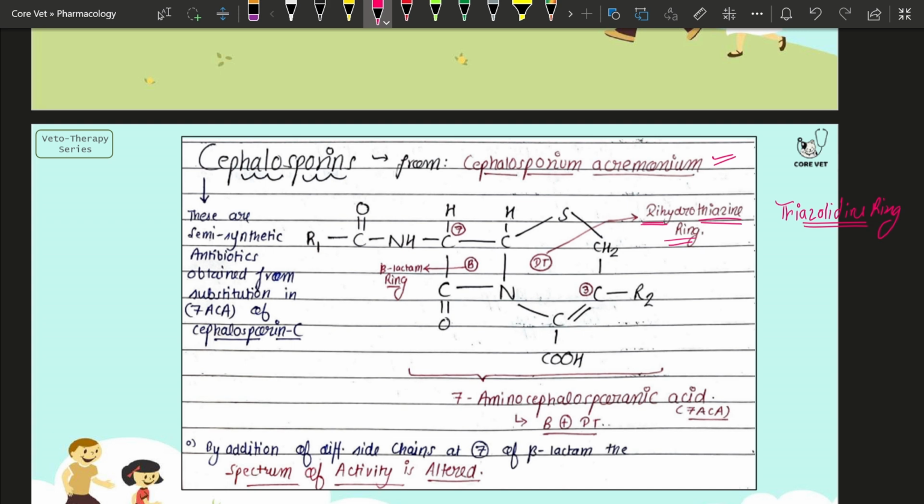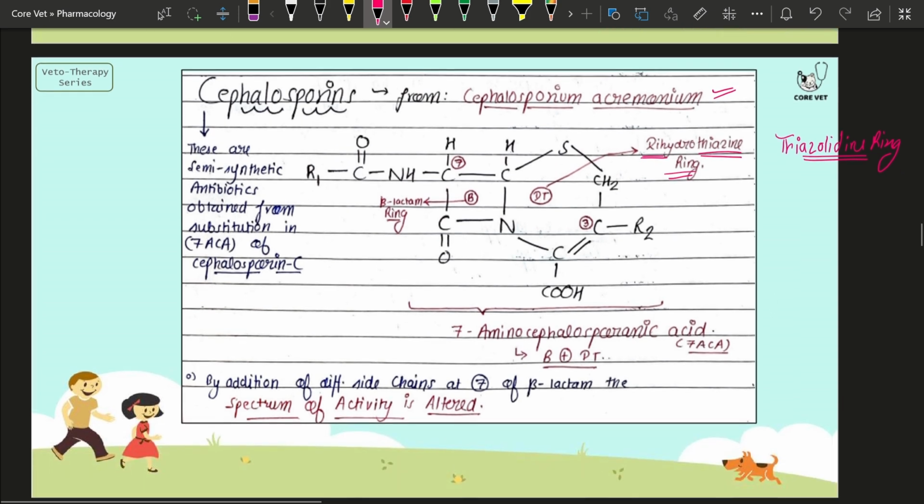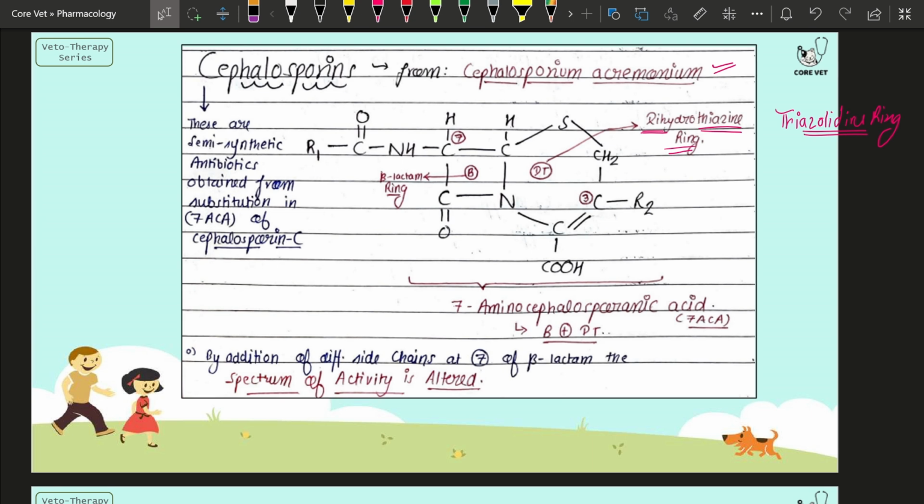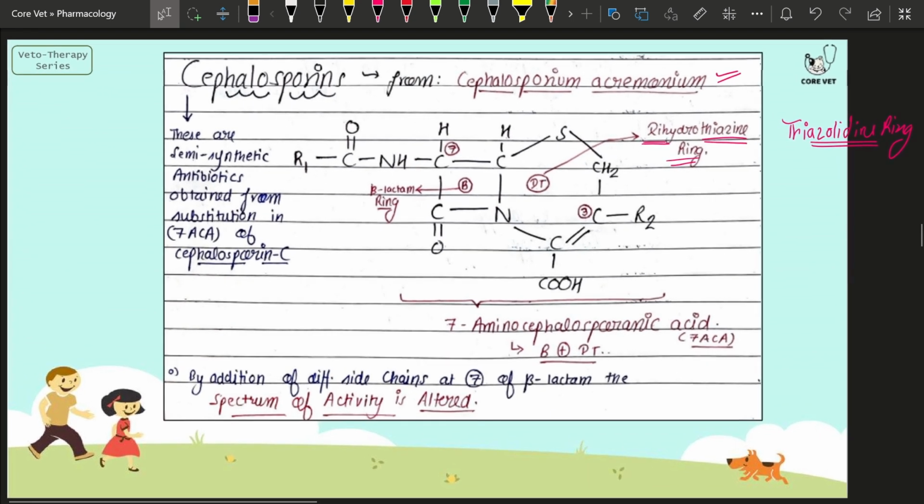The thiazolidine, sorry, the dihydrothiazine ring and the beta-lactam ring together are known as 7-amino-cephalosporanic acid, 7-ACA. Whenever we make any substitution in the 7-ACA, it leads to the formation of the semi-synthetic derivatives of the cephalosporin.